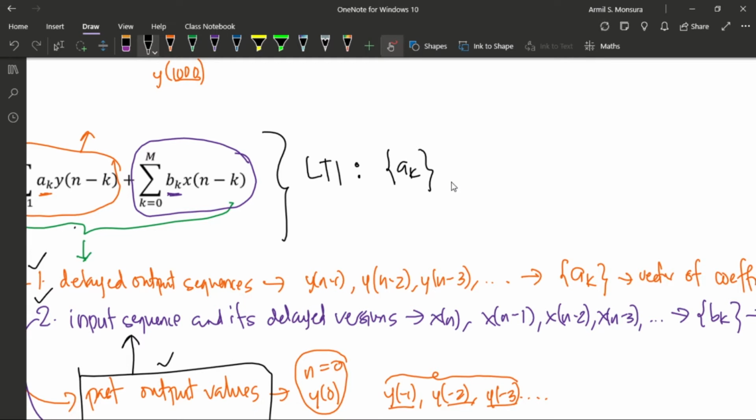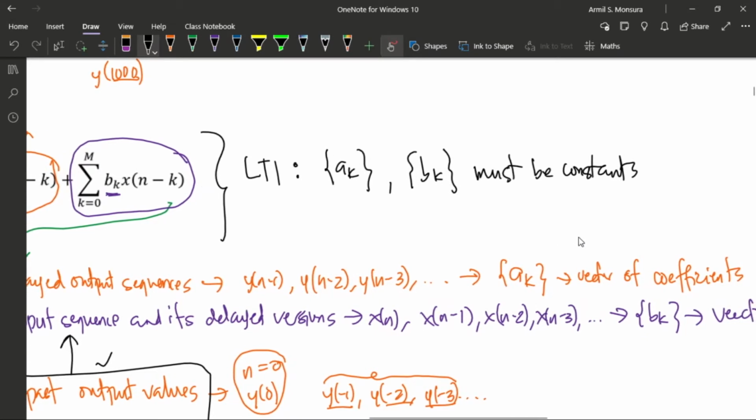Yung coefficients AK ninyo at saka BK ninyo must be constants. So, dapat constants yan. Kasi otherwise, kung hindi yan constant, say for example, yung AK ninyo at yung BK ninyo, yung iba dyan, magkakaroon ng n as a coefficient, then it will turn out na yung system ninyo is time varying. So, mag-fail na kagad siya dito.